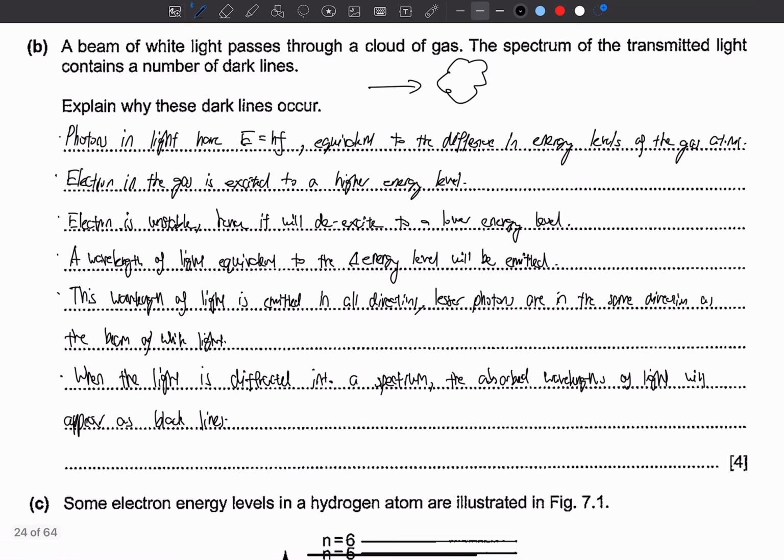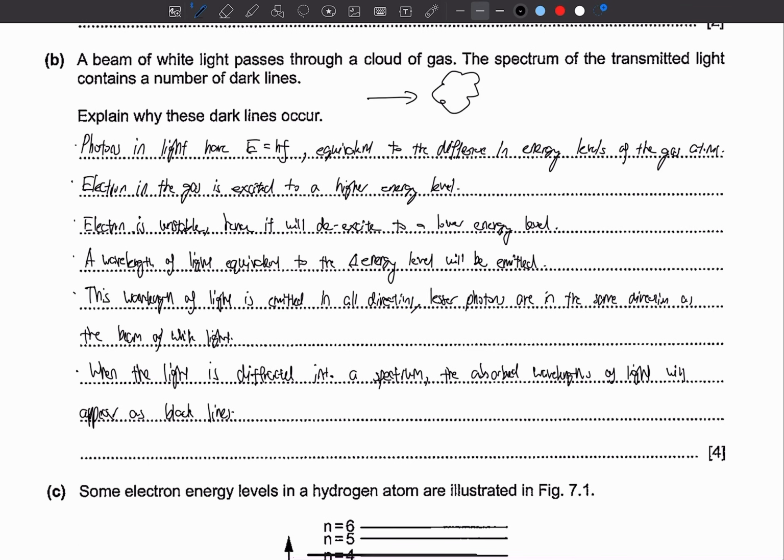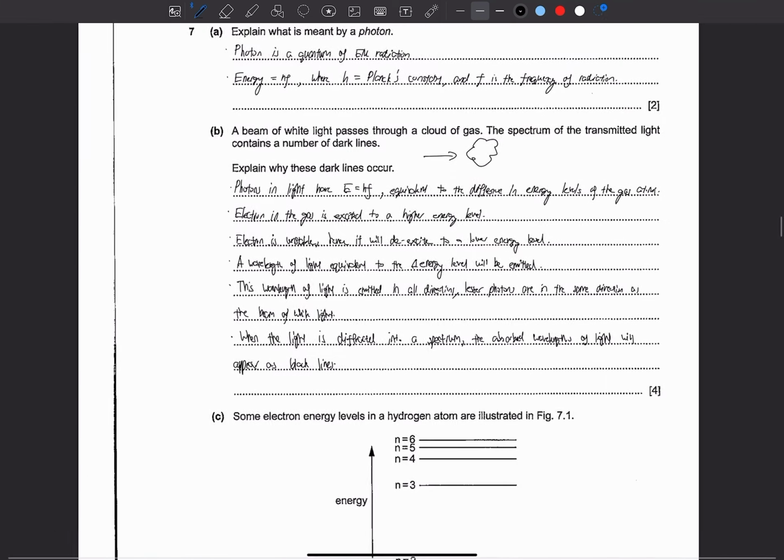Alright, that was a lot. So let's try to recap what's happening. I'll draw it here. So a beam of light contains a spectrum of different energy wavelengths, energy photons, and they come into contact with the atoms within the gas.